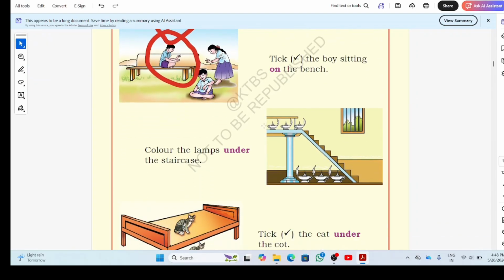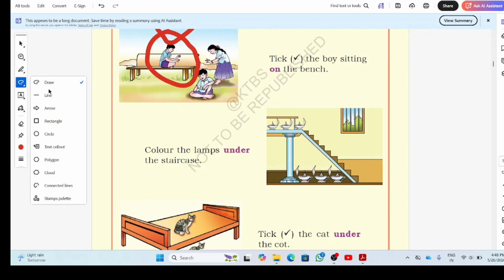Next we have lamps, floor, steps. Now what we have to do? Color the lamp under the staircase. So many lamps are there, isn't it? So what they said, color the lamps under the staircase.